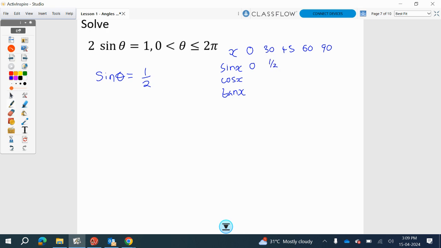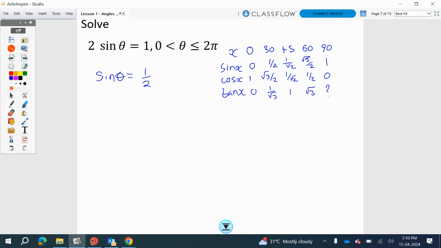Sine goes 0, a half, 1 over root 2, root 3 over 2, and 1. Cosine is 1, root 3 over 2, 1 over root 2, a half, 0. Tangent goes 0, 1 over root 3, 1, root 3, undefined.